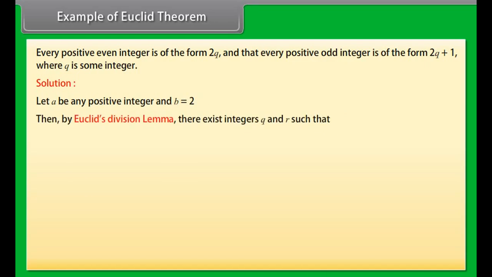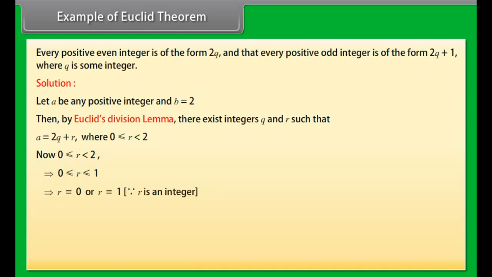Then by Euclid's division lemma, there exist integers q and r such that a is equal to 2q plus r, where 0 is smaller than or equal to r is smaller than 2. Now, 0 is smaller than or equal to r is smaller than 2, which implies 0 is smaller than or equal to r is smaller than or equal to 1, which implies r is equal to 0 or r is equal to 1, because r is an integer.